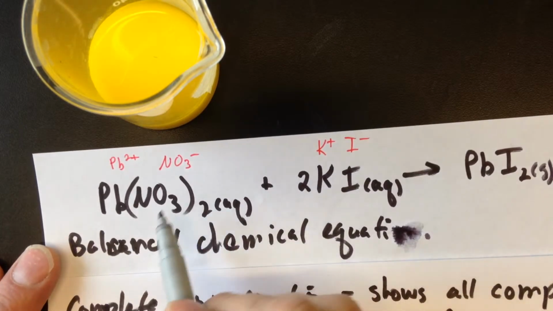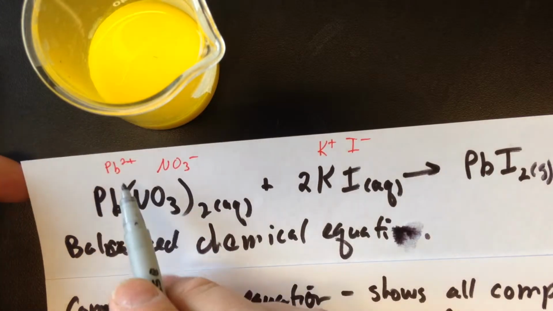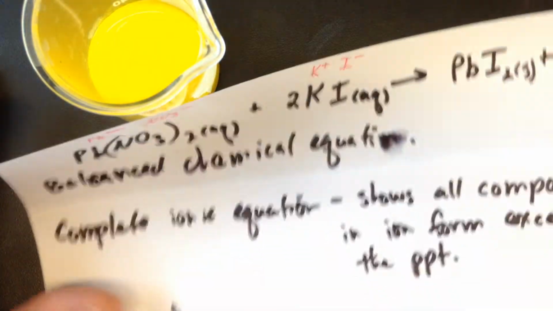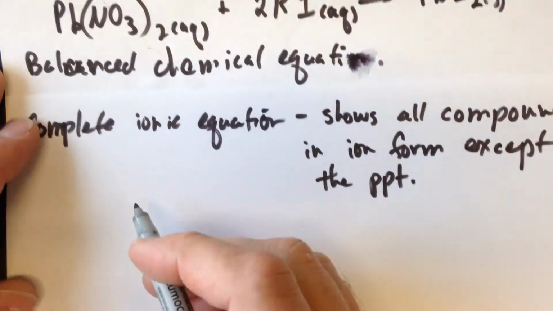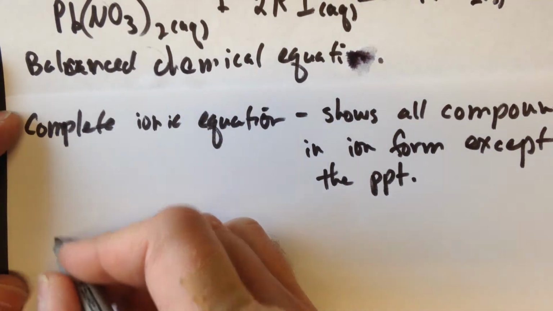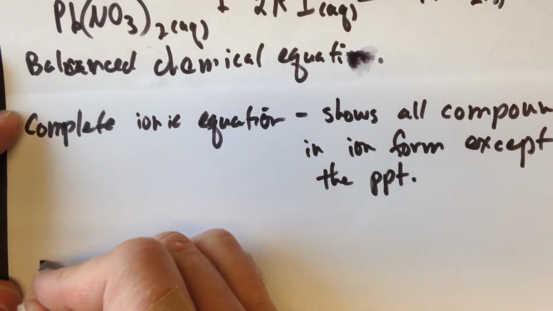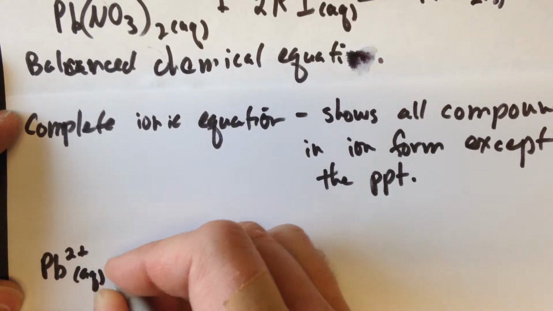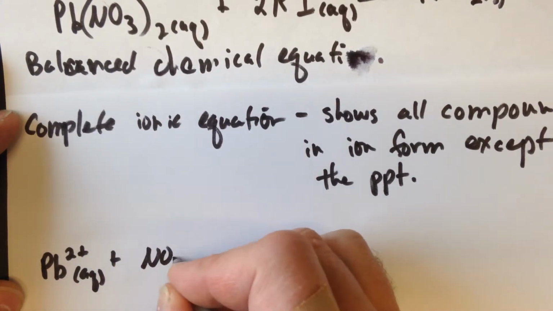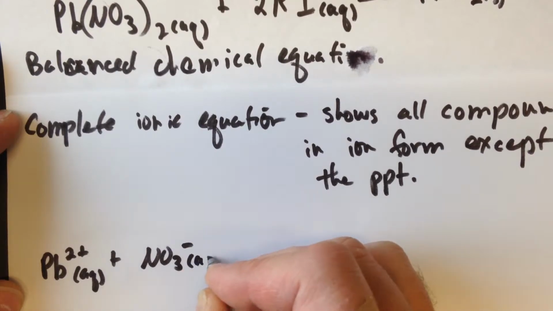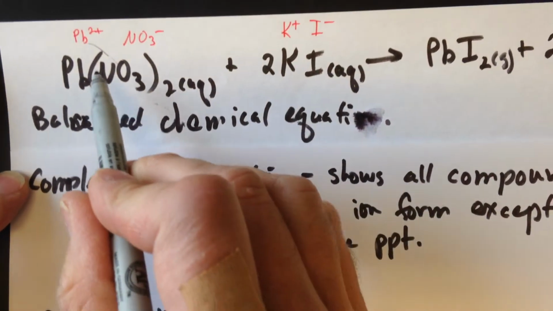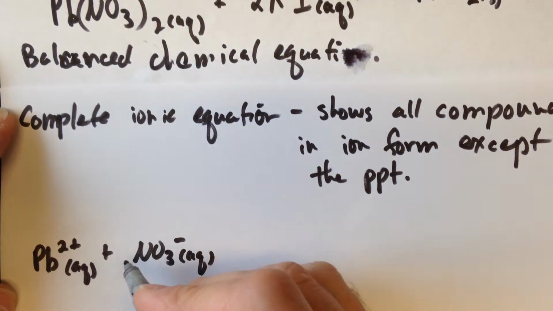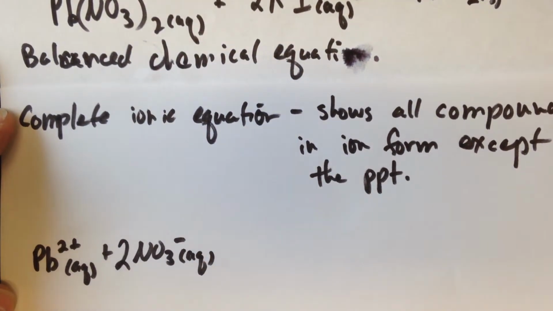So if I'm going to look here, lead and nitrate, we could write it out like this. So here's an example of this type of equation. So Pb2 plus, write a little AQ, and nitrate, AQ. Now if I look up here, for every 1 lead I need 2 nitrates, so I put a 2 in front of there.